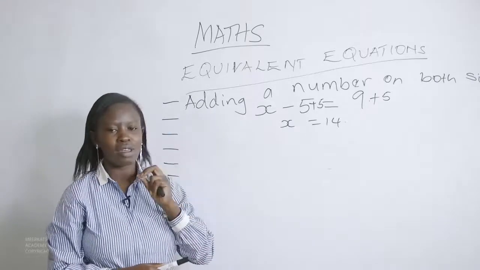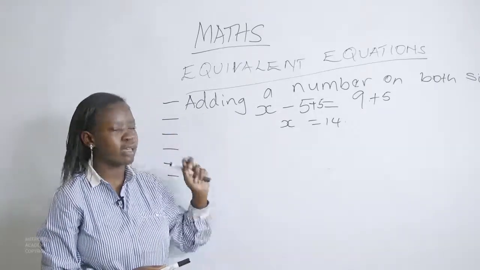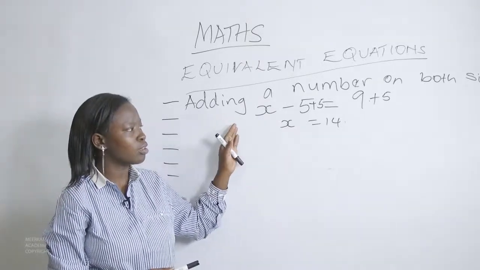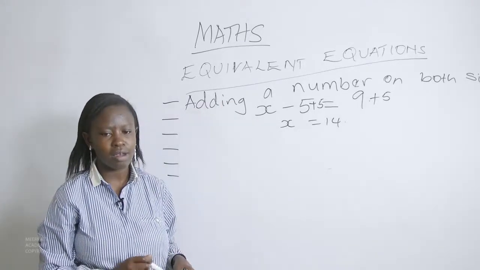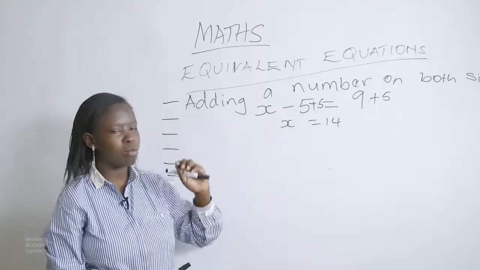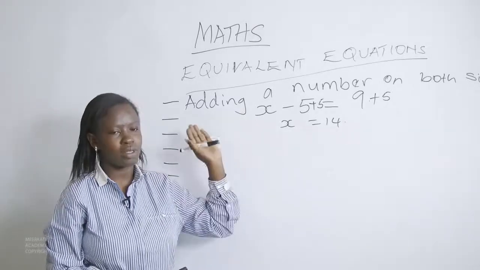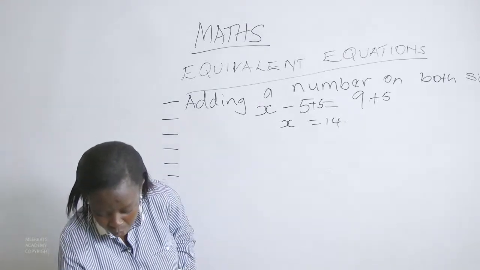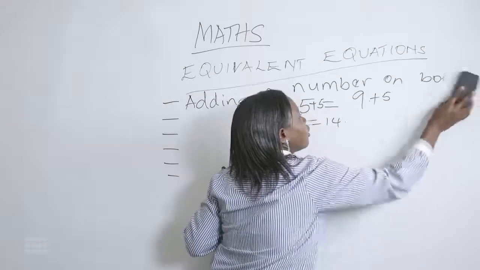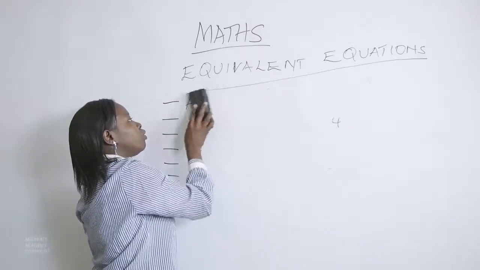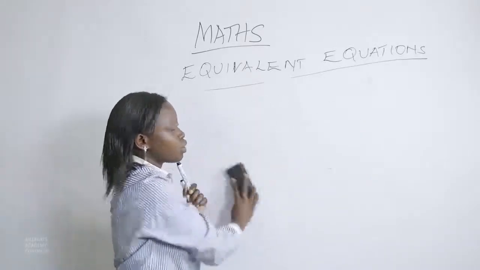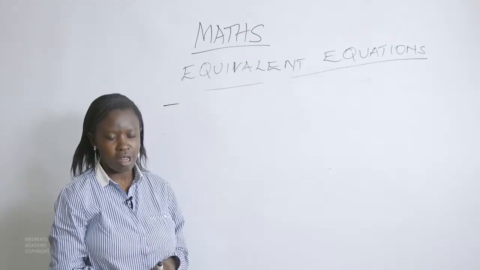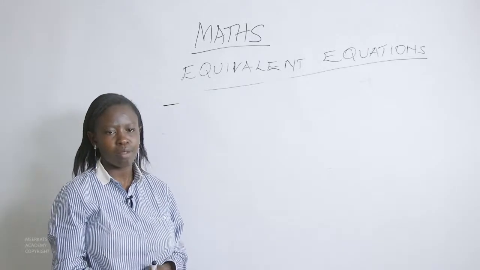So we can say that an equation is equivalent if it is possible for us to add a digit or a number on both sides, be it the left-hand side and the right-hand side of the given equation. So the same number being added on the left-hand side and the right-hand side will make an equation to be called an equivalent equation. An equivalent equation, we can say that an equation is also equivalent if it is possible to subtract a number on both sides.